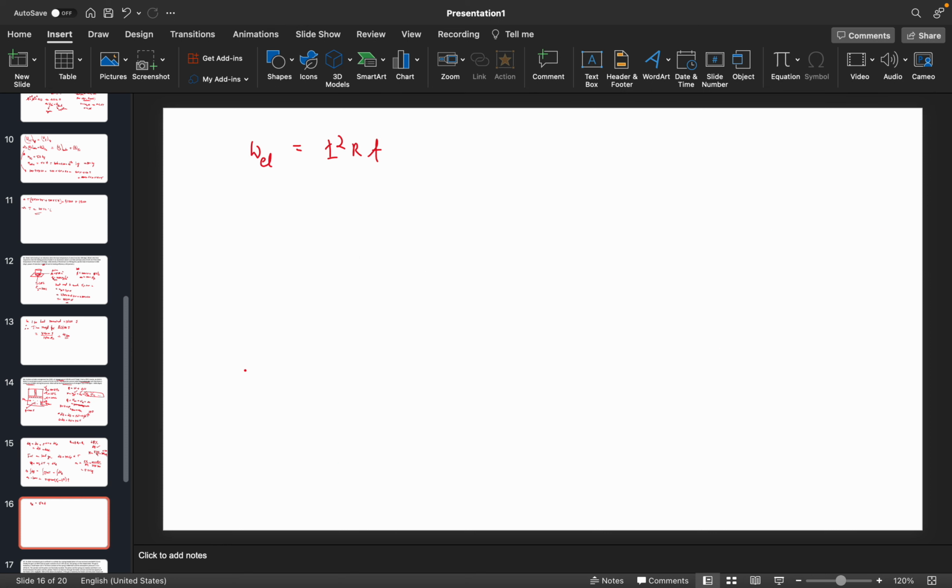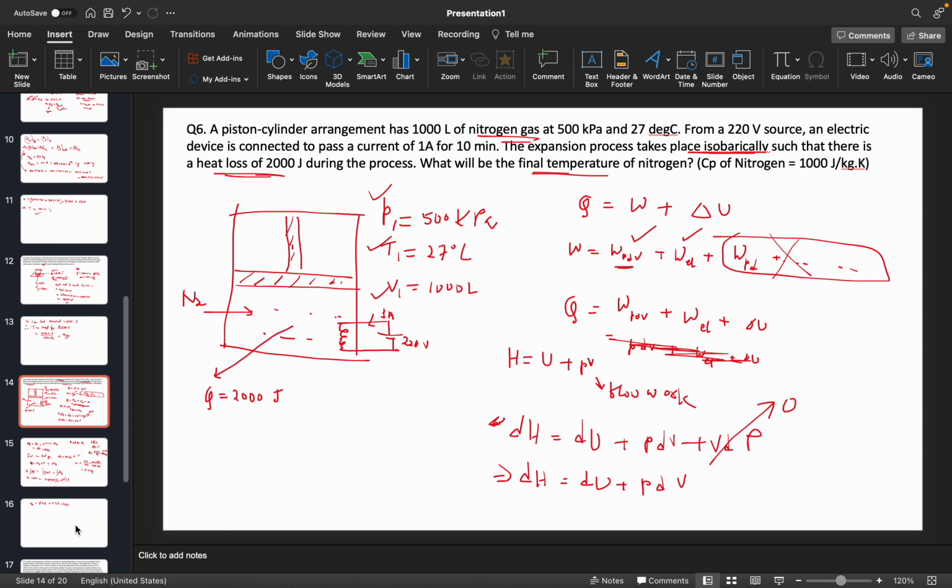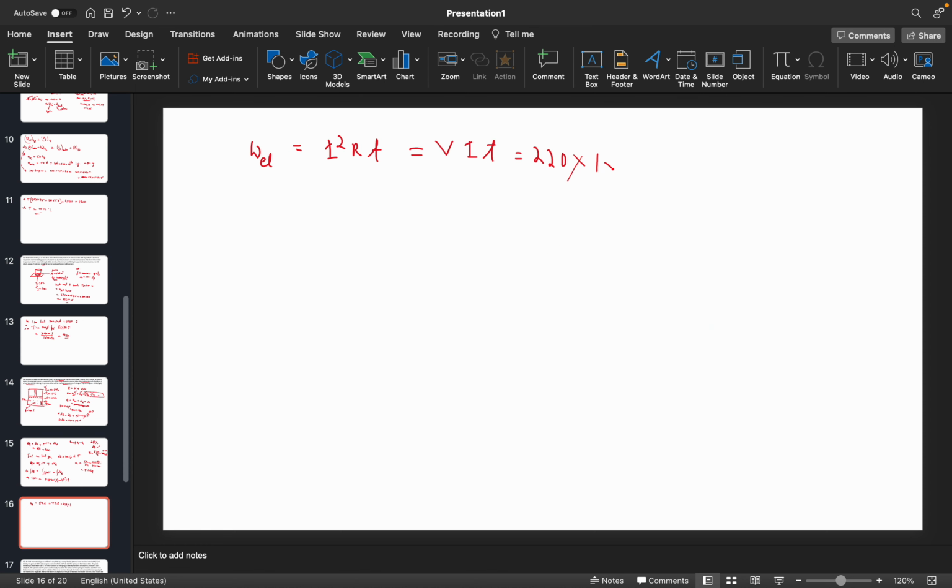So if we express in terms of voltage and current, this expression will be V into I into T. Voltage is 220. How much amount of current is passing? 1 ampere, and it is passing for 10 minutes, so 10 into 60 seconds. So your final answer will be in joule. That will be my electrical work done.